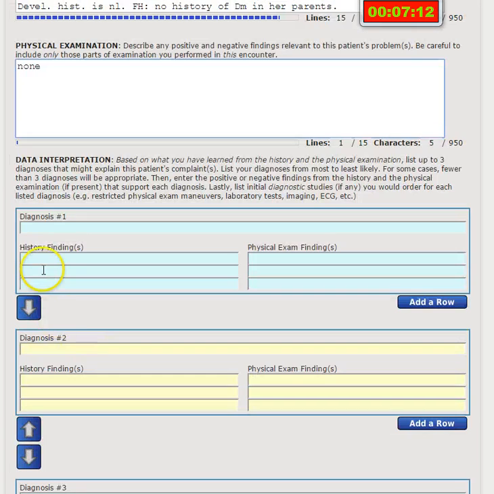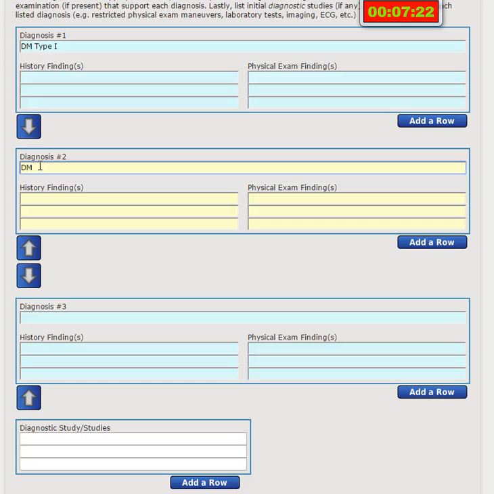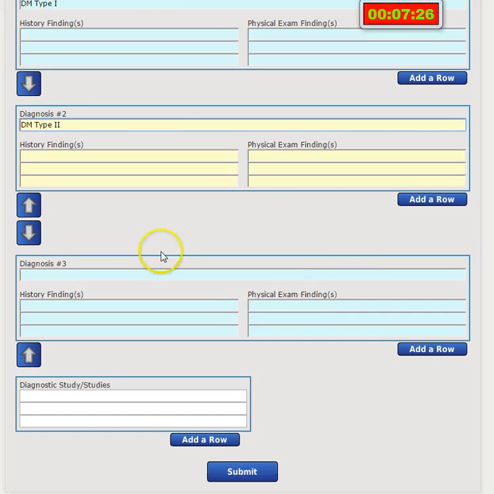None. So first thing we assume is that the patient has diabetes mellitus type 1. Second thing, diabetes mellitus type 2.